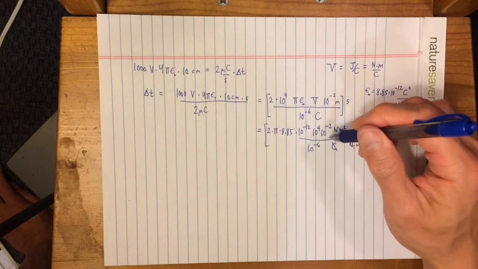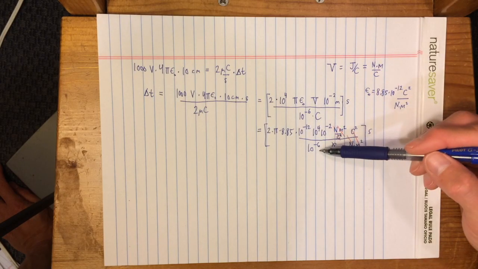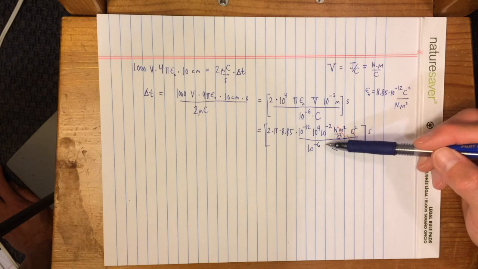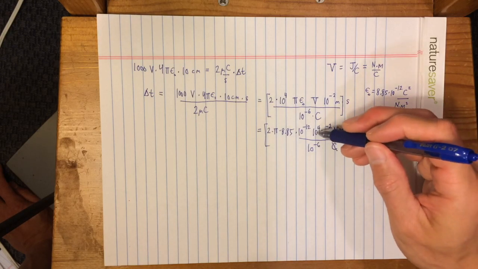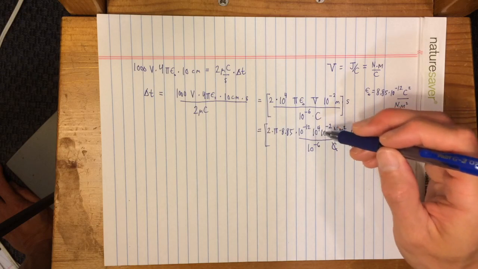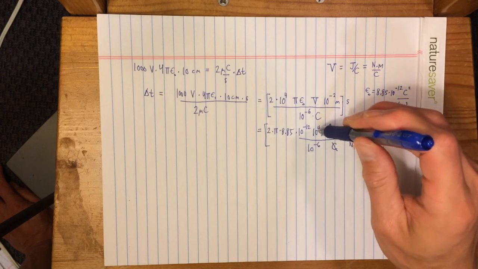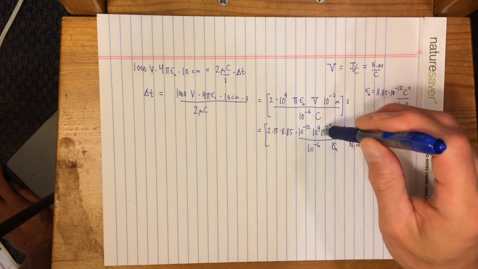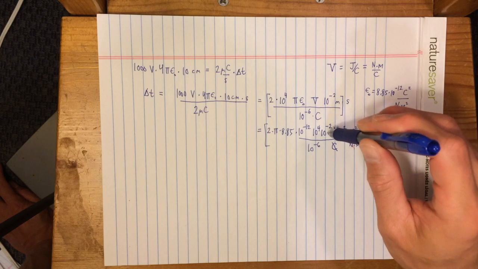Let's work on the factors of 10 for a second. So 10 to the minus 6 on the bottom is 10 to the plus 6 on top. And 10 to the plus 6 and 10 to the plus 4 combine to be 10 to the 10th. So when I multiply by 10 to the minus 2, that'll be 10 to the positive 8.